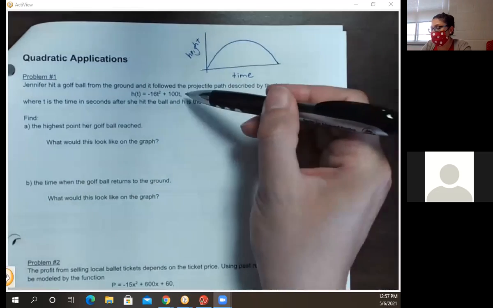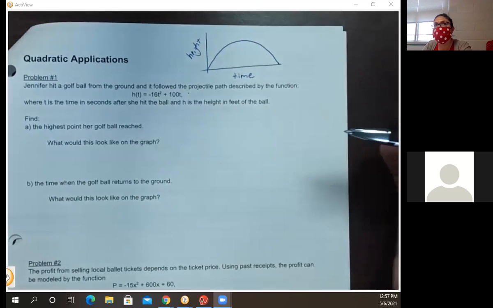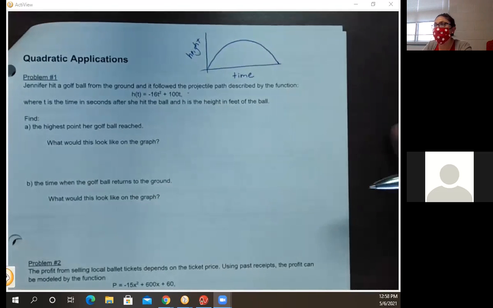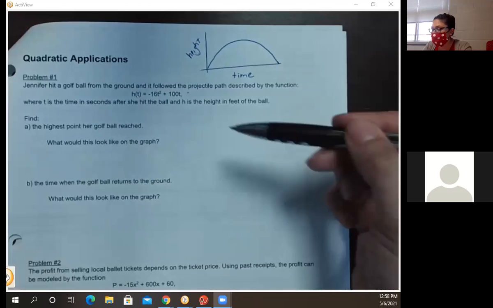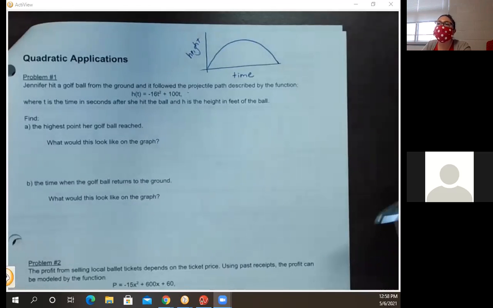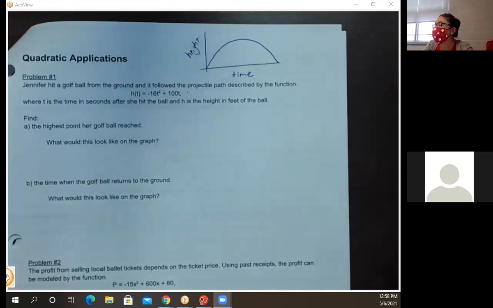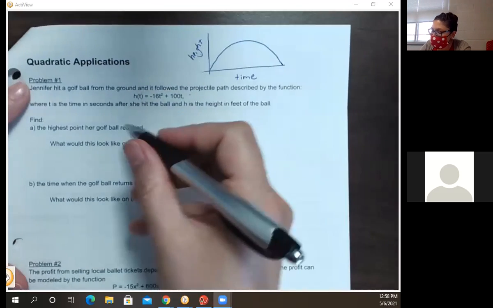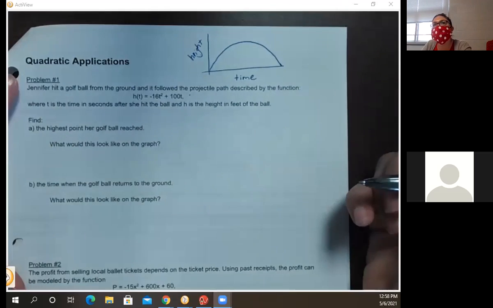Now we're going to use our function that we've been given, and we're going to use our calculators to create a graph and answer these questions. But before we do that, I want to take a minute to stop and think about what it is we're going to look for once we've graphed this function. So type this in, graph it, great, we have the graph, but now what am I looking for on that graph? What am I looking for for the highest point that the golf ball reached?